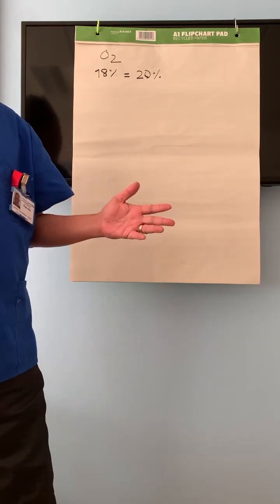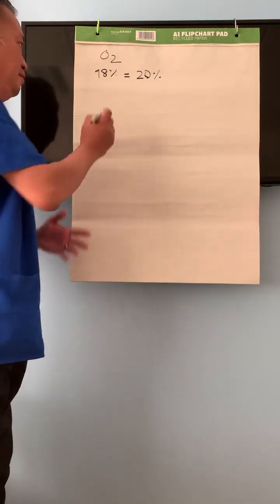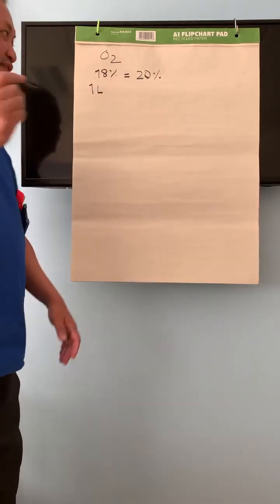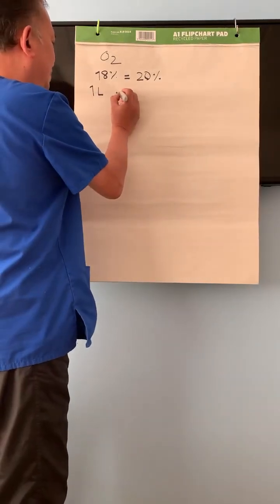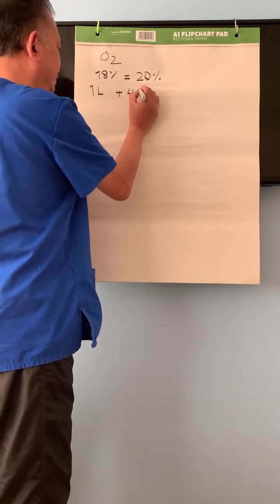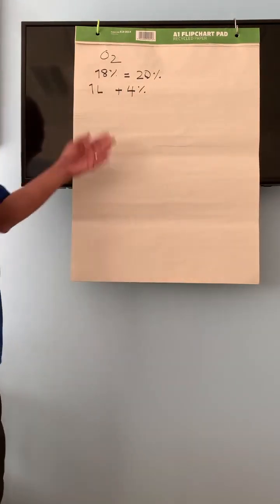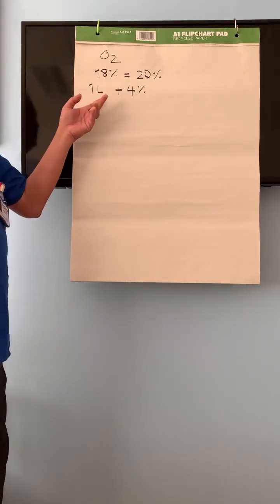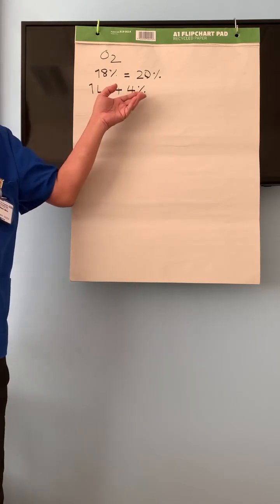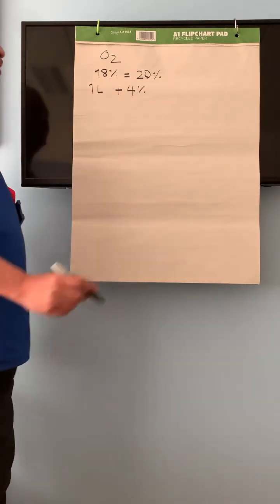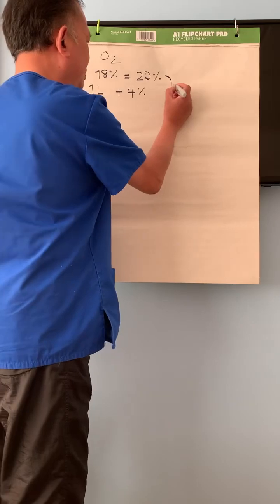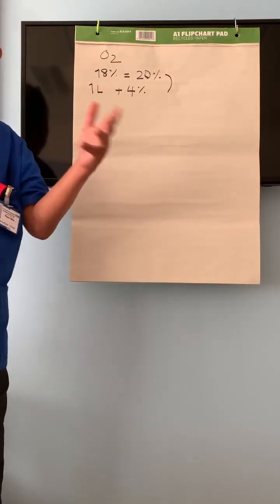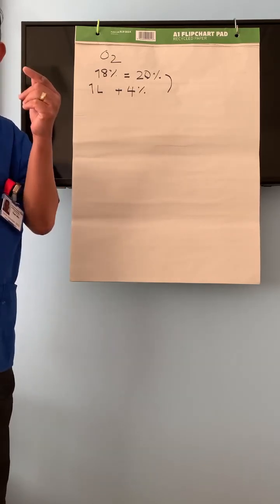All right. For any additional liter of oxygen we add, we need to add 4%. So someone needing 1 liter of oxygen gets an additional 4%, while at the same time breathing room air besides the nasal cannula.